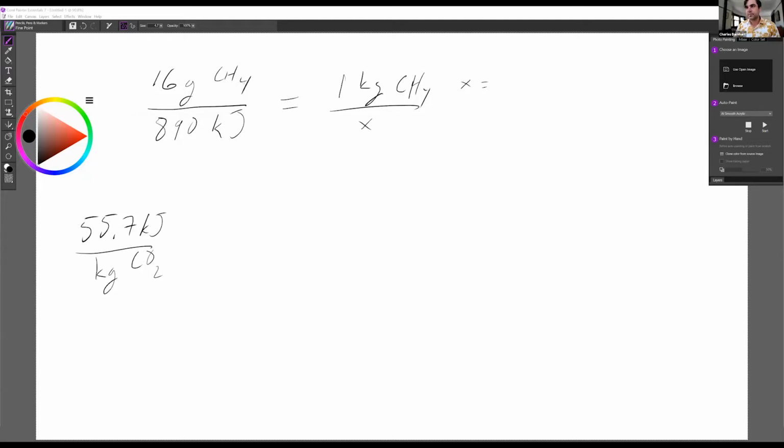Okay, so 16 grams of methane yields 890 kilojoules. How many kilojoules does 1 kilogram of methane yield? And so this is equivalent to 1,000 grams. And so we do X equals 890 times 1,000 divided by 16.